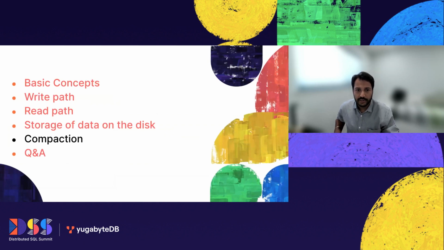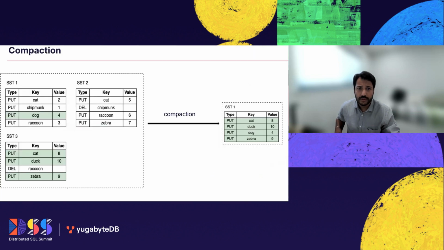So that's how the data is actually stored on the disk. Moving on, let's see what compactions are and why we need compaction to efficiently store the data. Now consider this example that we looked at in the beginning of our discussion today.